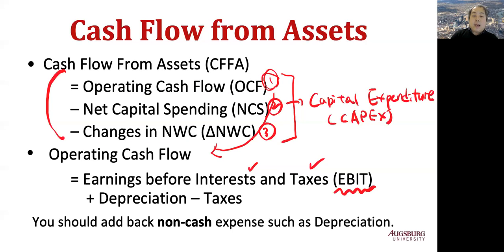That's EBIT. And because the depreciation is not cash item, we have to add it back. So plus depreciation. And then minus taxes. That's how to calculate operating cash flow.